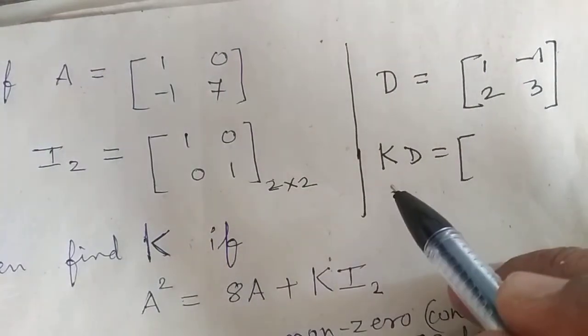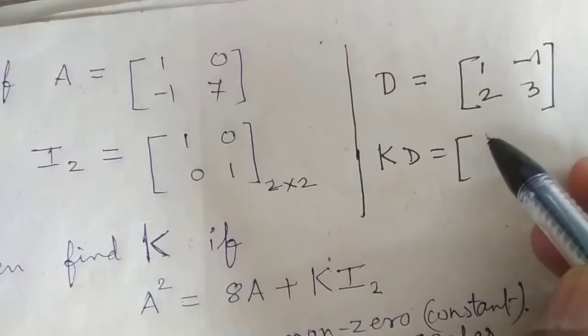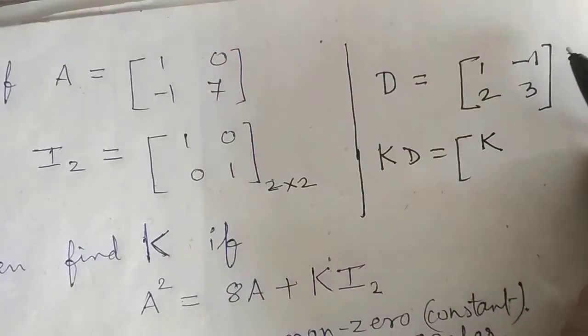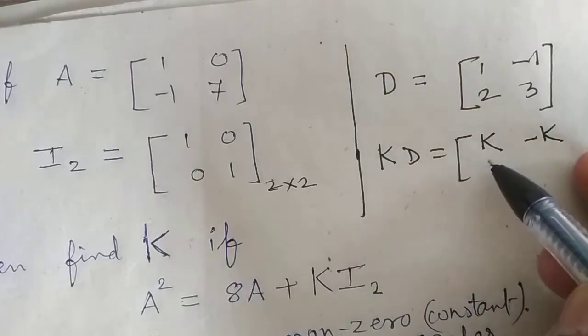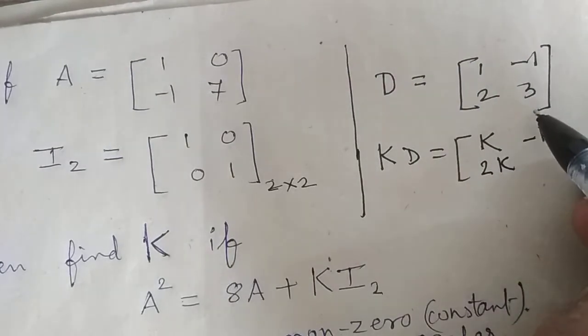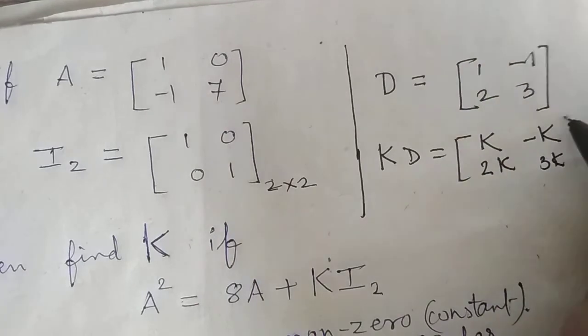Then only we will get the matrix k times D. So 1 into k is k, -1 into k is -k, 2 into k is 2k, and 3 into k is 3k. This is the new matrix.